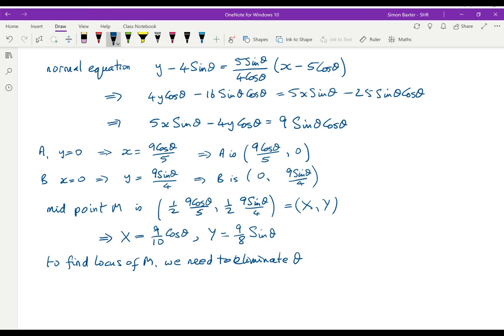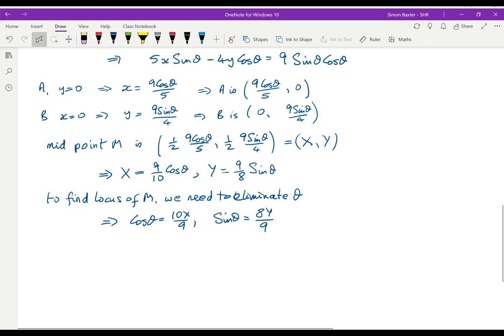Sine squared plus cos squared is 1. So this is telling us that we want to get hold of cos theta is 10x over 9. Sine theta is equal to 8y over 9. Cos squared theta plus sine squared theta equals 1. That is 10x over 9 squared plus 8y over 9 squared.